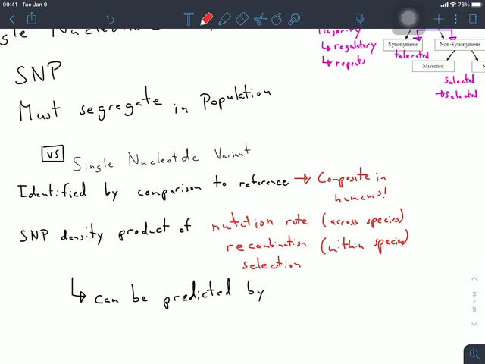But this isn't just true based on coding and non-coding, it's also true based on the type of bases that are present.